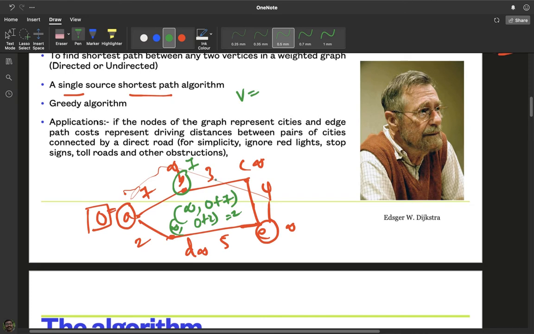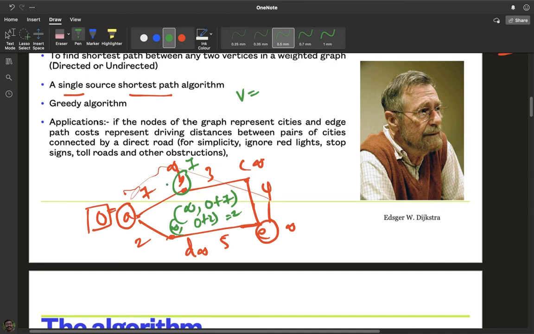So the weight of B will be the minimum of infinity and 0 plus 7, which is simply 7. This is the idea of Dijkstra's algorithm.